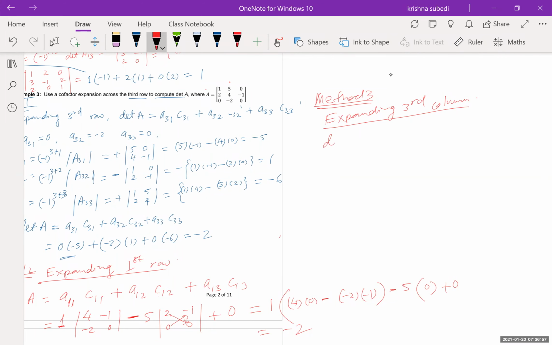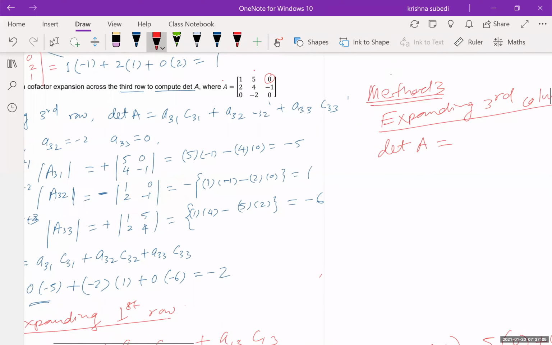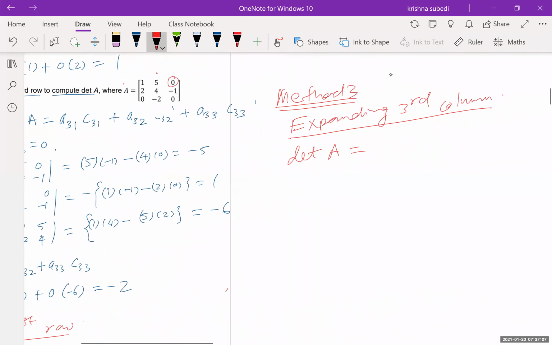So in that case, your determinant of A will be the third column. Remember, this third column means this one. So what is the position here? Okay, this one is too big. Just give me 1 second. So the position of this guy right here is A, third column means this is first row and third column.